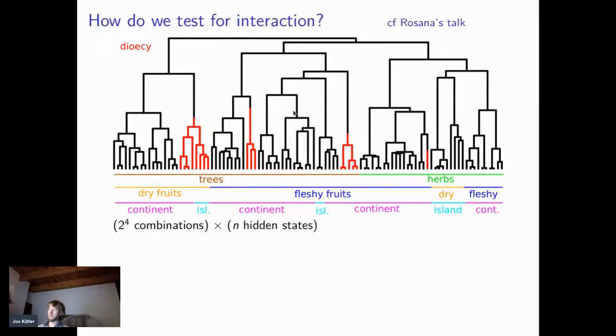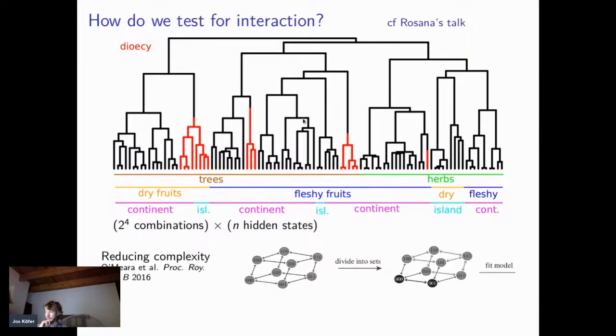So there are a few other approaches that have been proposed and applied. One is by O'Meara et al. already in 2016. They had lots of traits. Here, just to show an example with 3 traits, which gives 8 combinations, what it did is divide this into sets. So here, this would be the set with 0, 0.